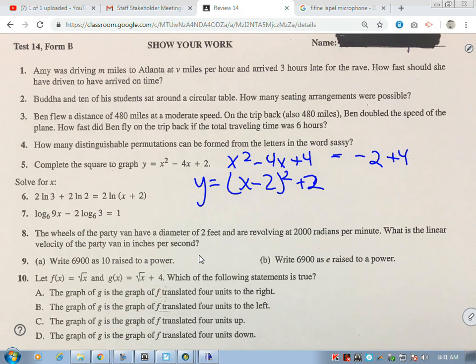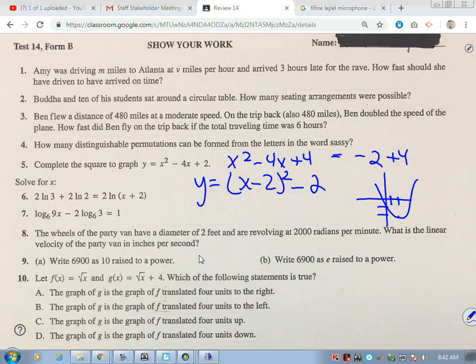Oh, hold on. No, because that's positive 2, we would subtract it. Okay, so that's our vertex form of it. We're going to go right 2, down 2. And then we would graph that going upwards. Does that make sense now? I am so sorry that I've bungled that, but it should look like that.